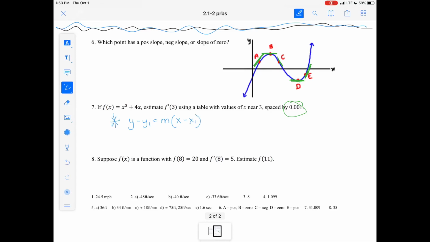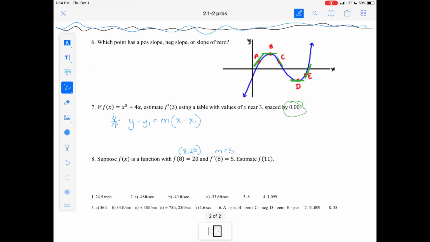People, we're going to use this a lot, so make sure you keep that in your back pocket. So here, my ordered pair is 8, 20, and my slope at 8 is 5. So my y value at 8 is 20. My slope at 8 is 5.